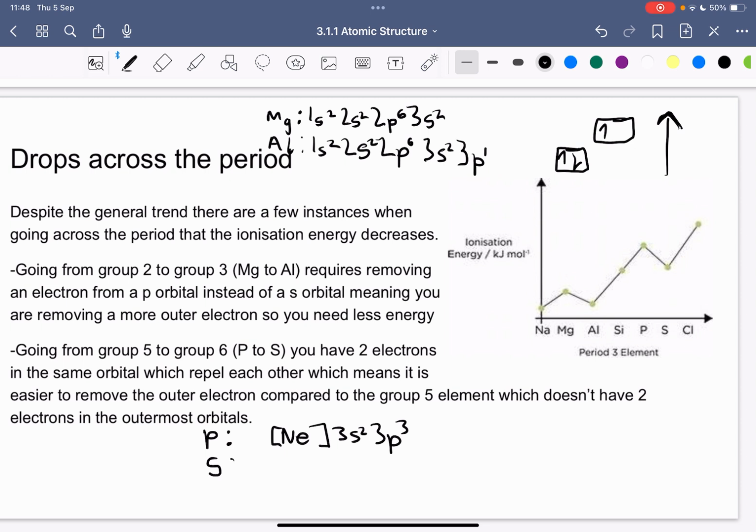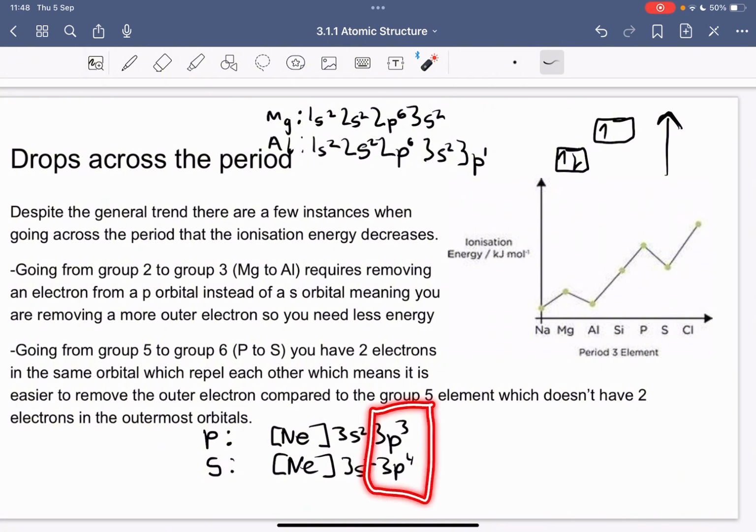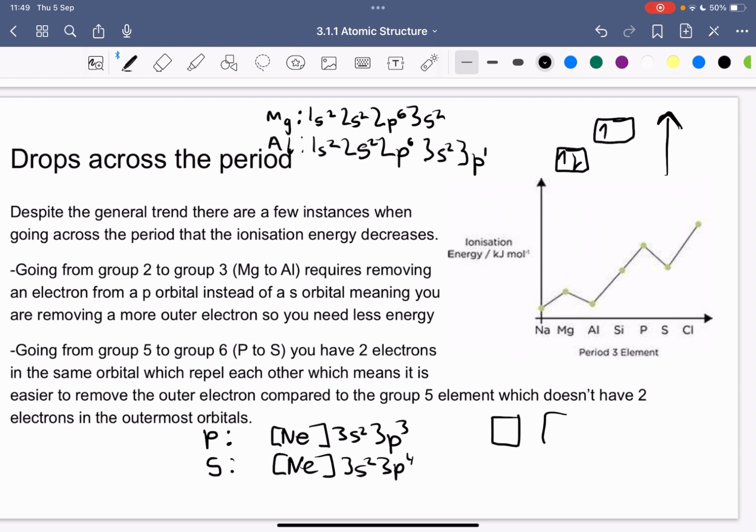And then sulfur is neon, 3s2, 3p4. Now if I just draw the 3p's, for phosphorus, this is what it looks like. And for sulfur, this is what it looks like.